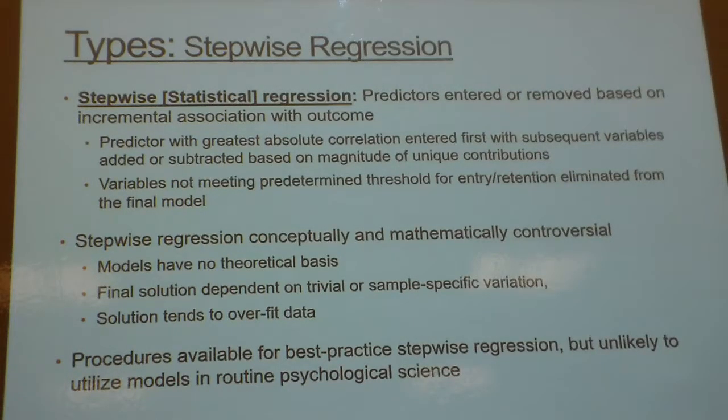Also, in this case, variable X1 jumped in there because it had the strongest bivariate relation with my outcome. But maybe X1 had a correlation of 0.32 and variable X2 had a correlation of 0.31, right?